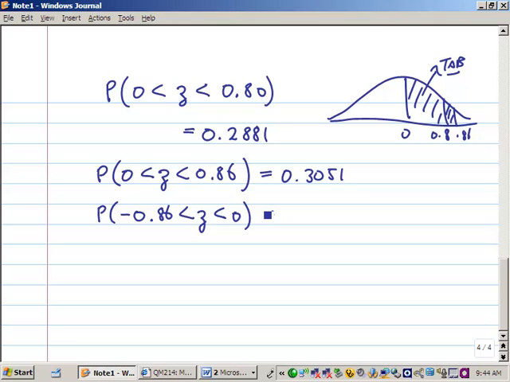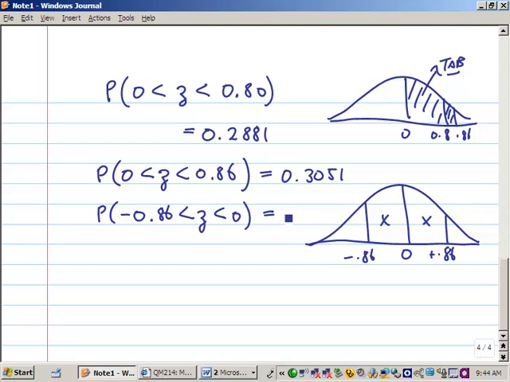Since the distribution is symmetrical around 0, if I go to positive 0.86, and this is of course not drawn to scale, these two probabilities are identical, so the answer is still the same, 0.3051. So that's why the tables only give you values from 0 to some positive number. If we want to use some negative number, we ignore the negative sign because the table is symmetrical.